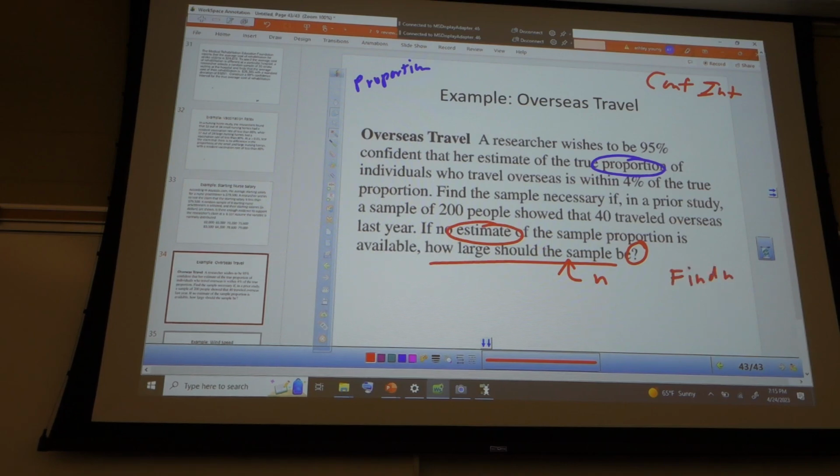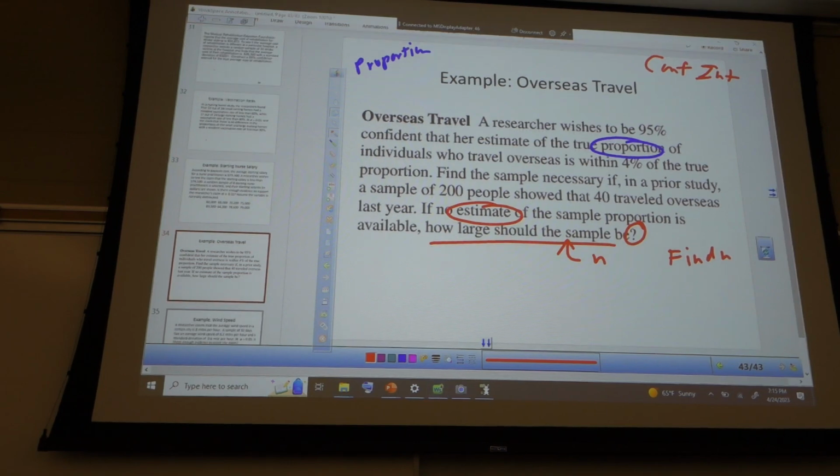So everyone look on your yellow sheets and find what formula you use. What formula? It's under proportion confidence interval.